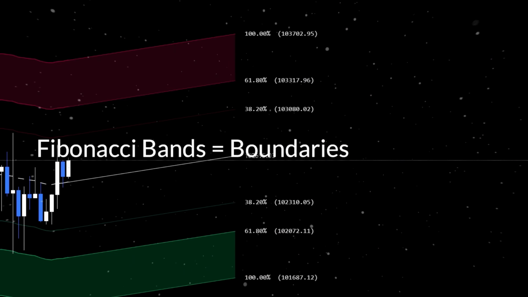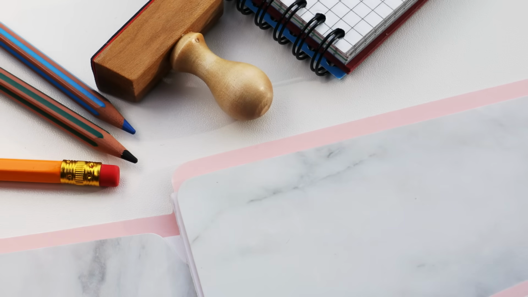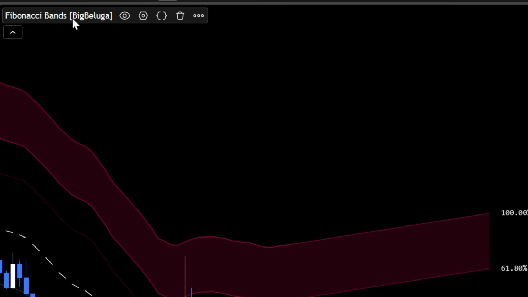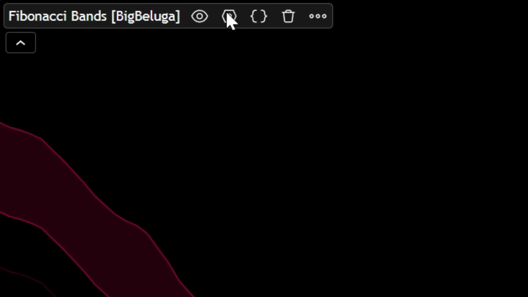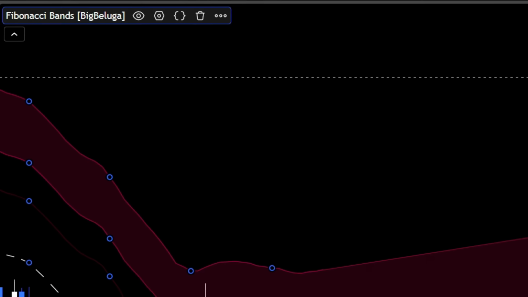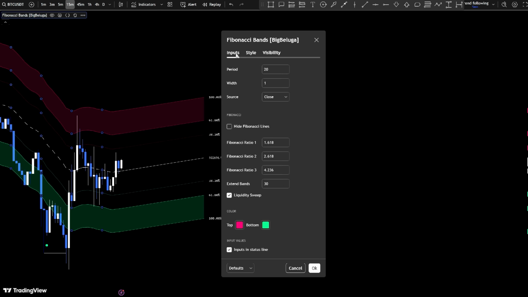But here's the key to making this a truly profitable TradingView strategy. We need to do a quick optimization. So, go into the settings for the Fibonacci bands indicator. You'll find an Inputs tab, and there, change the period setting to 21.